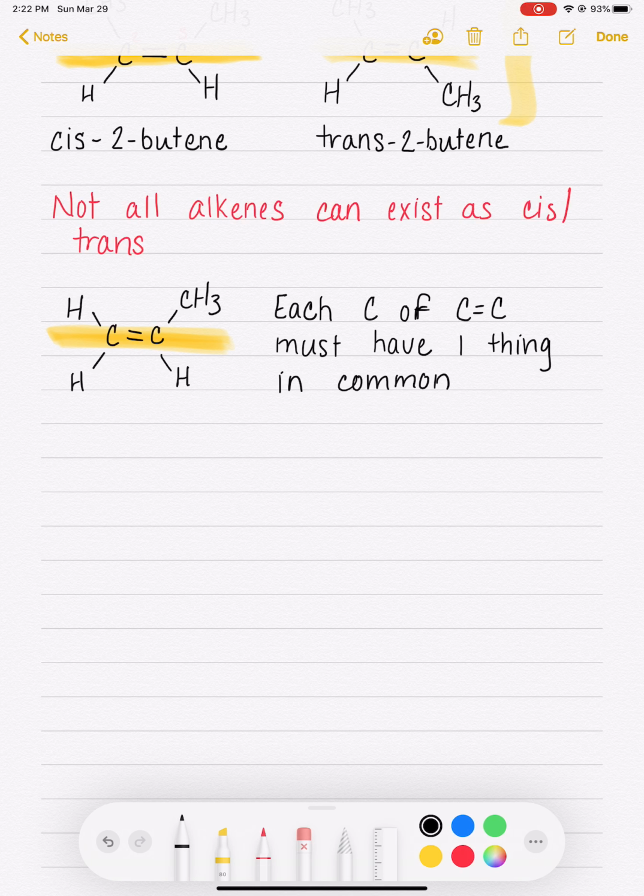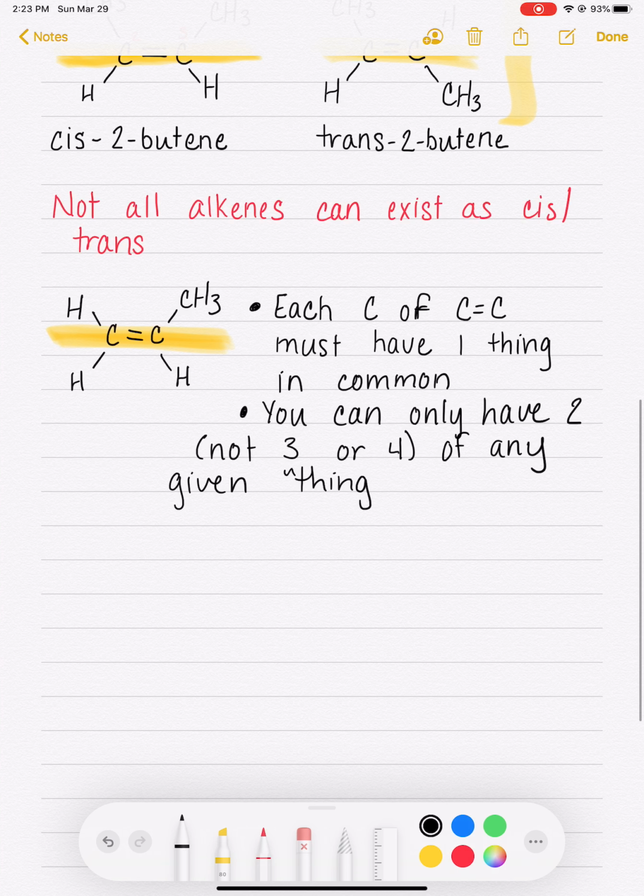And also, you can only have 2, not 3 or 4 of any given substituent, or branch, or whatever you want to call it.